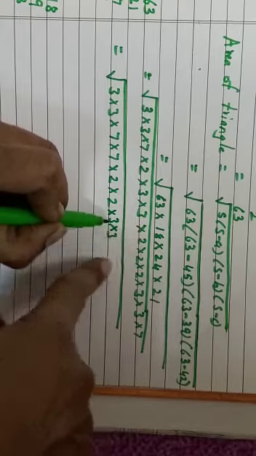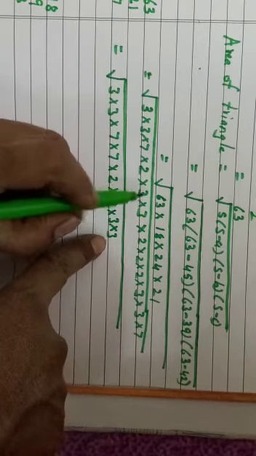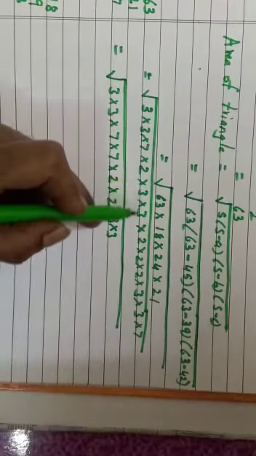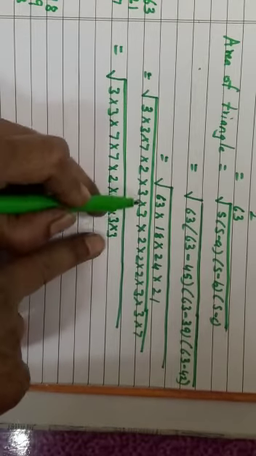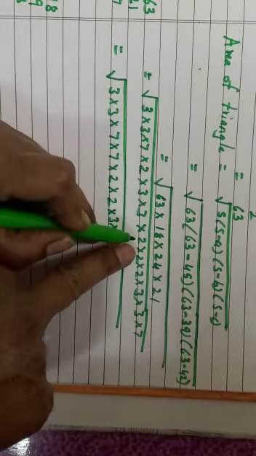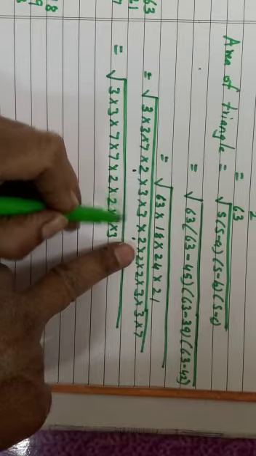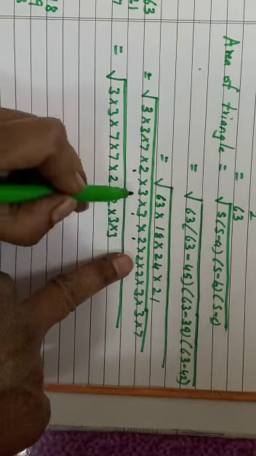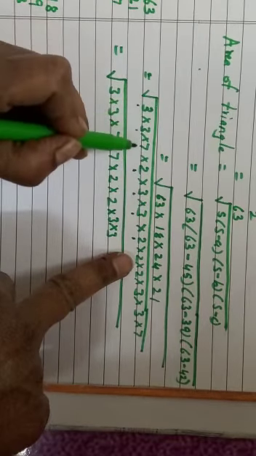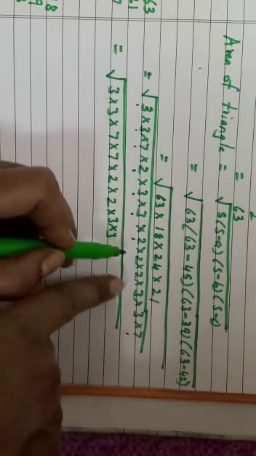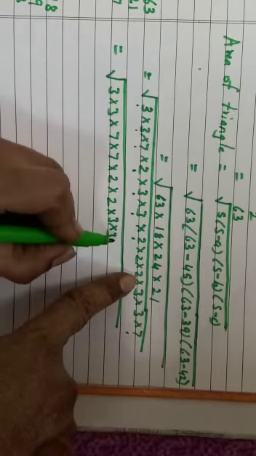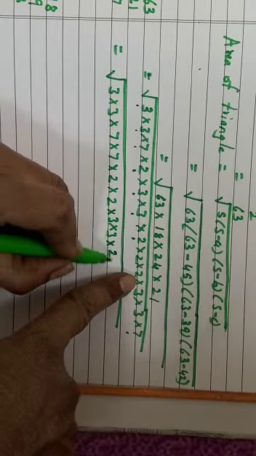This and this I have already taken. Right? Now what is left? This also I took, this also I took, this and the last one. So now what is left here? 2 into 2, then 3 into 3.